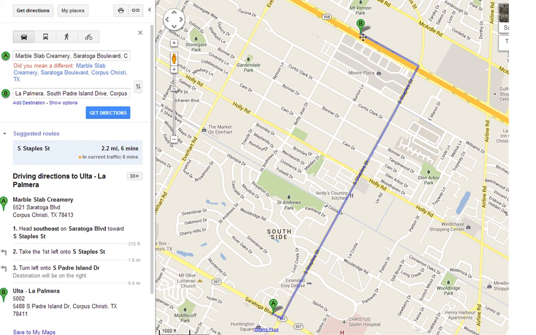And so you want to figure out, because you're math nerds, how far it is from point A to point B, conveniently noted on our Google Maps here. The way you'd normally think about it is you'd say, how long along Staples did you go, and how long on SPID did you go? Which is 1.8 miles and 0.4 miles, which gives you a total of about 2.2 miles, right?